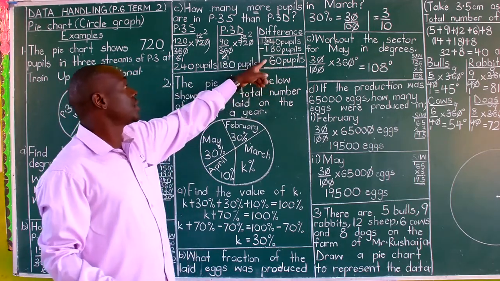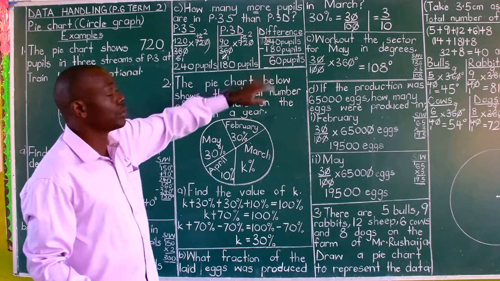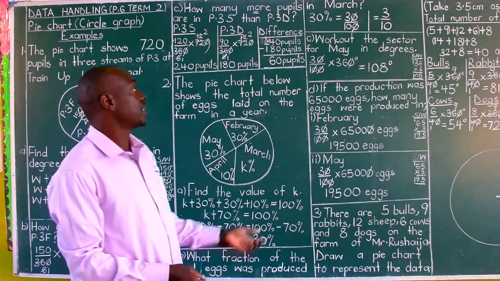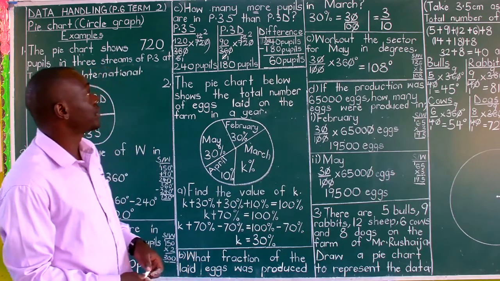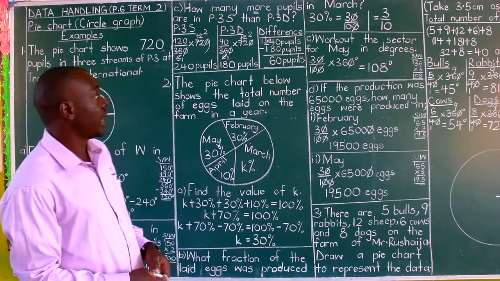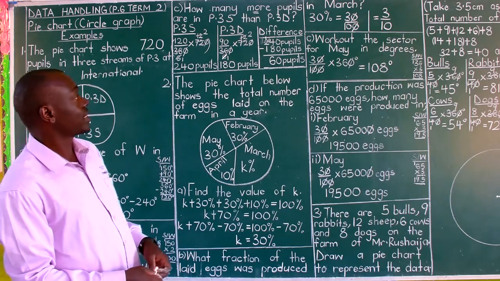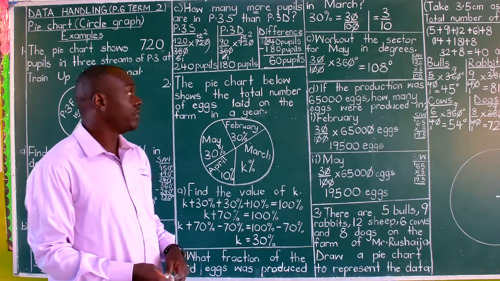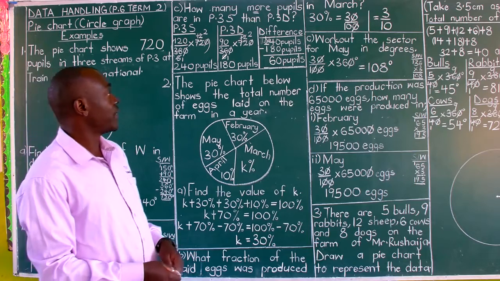Here 1 minus 1 is 0, which is not written because it doesn't lead in a whole number. So how many more pupils are in P3 Success than Divine? 60 more pupils are in P3 Success than P3 Divine. In that way, you have answered.